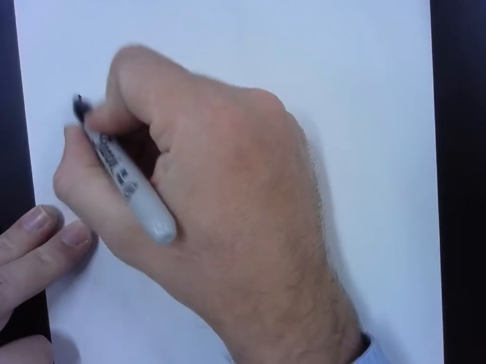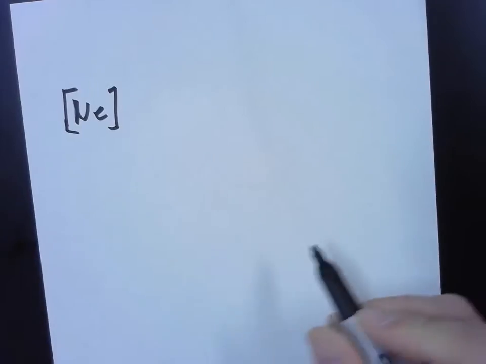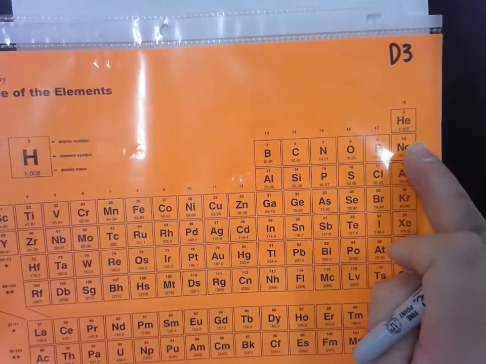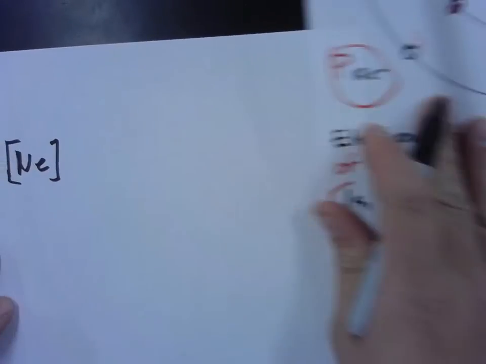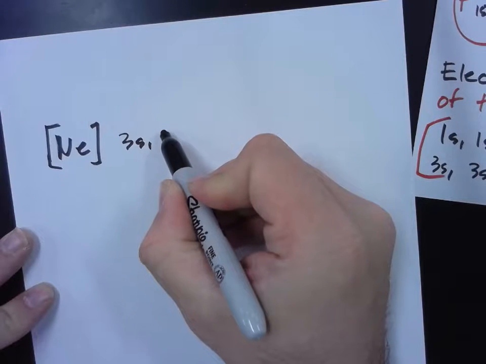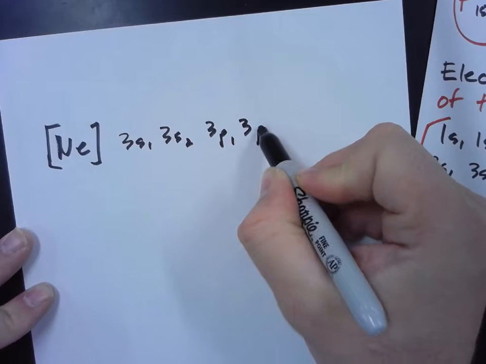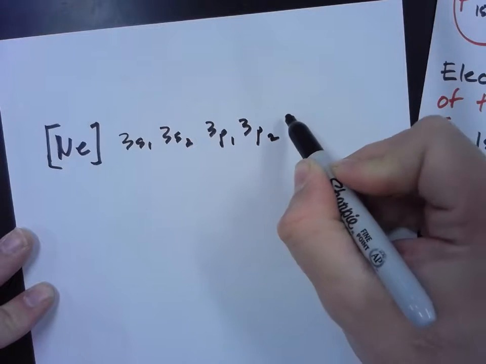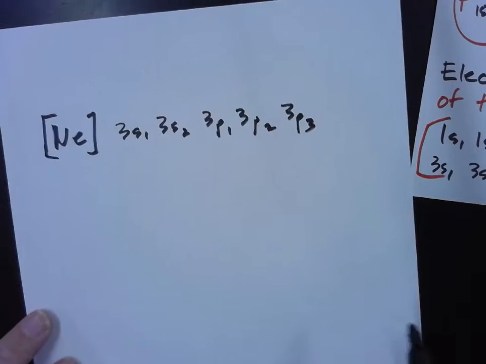We say neon, and then we just write in this part right here. 3s1, 3s2, 3p1, 3p2, and 3p3. And that's it. We're done. This is short form.